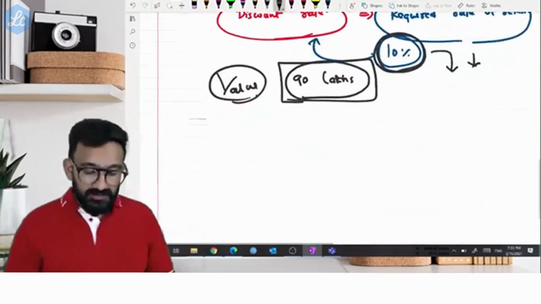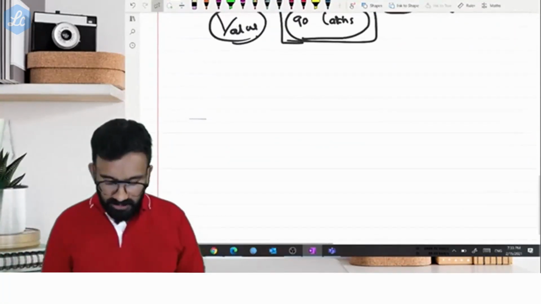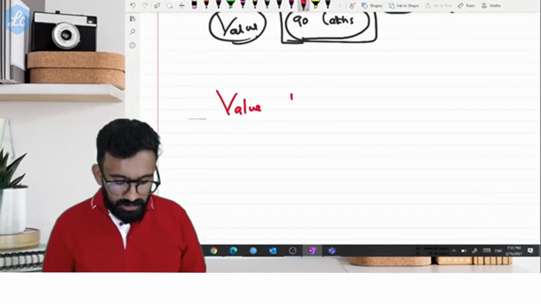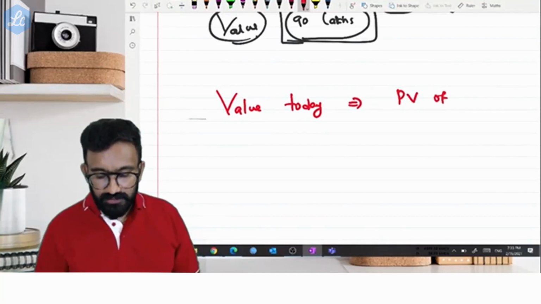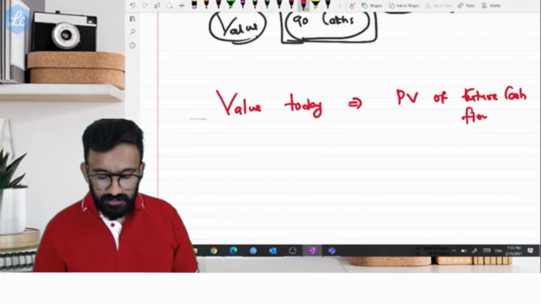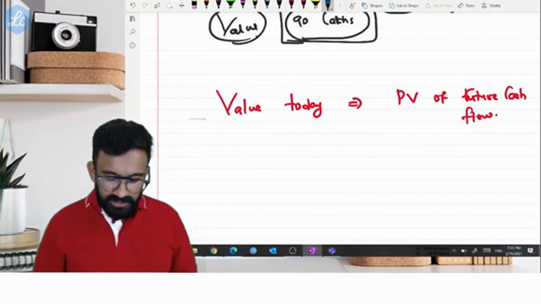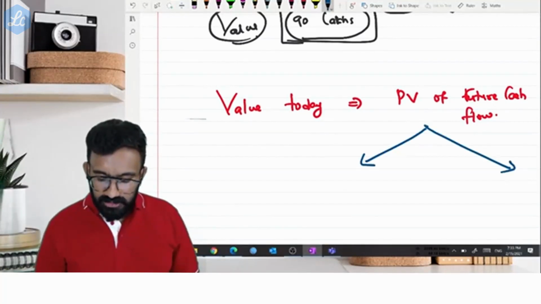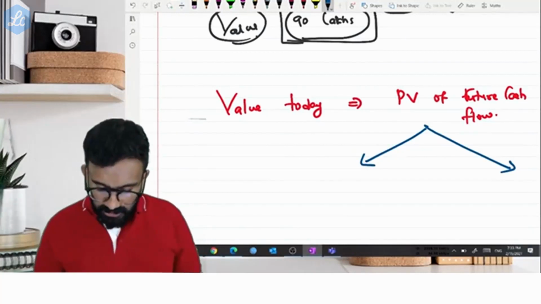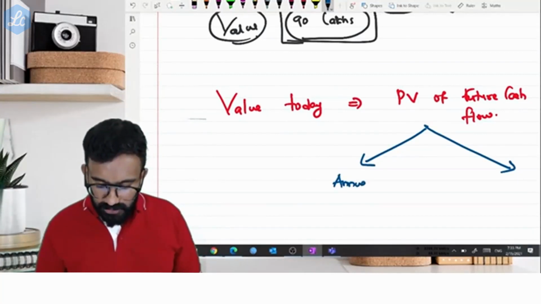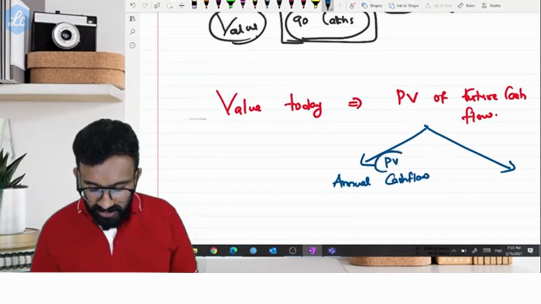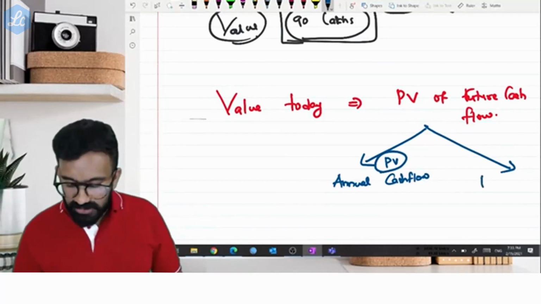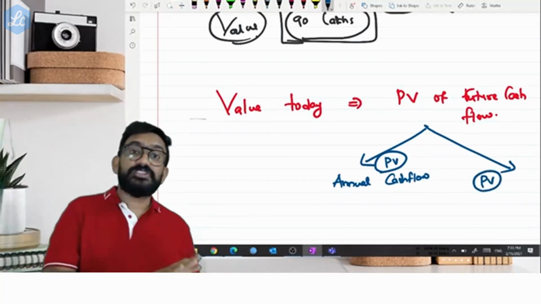So what is value is a very simple concept. Value today is nothing but present value of future cash flows. And how are the future cash flows going to be? It is going to be of two types. One is the annual cash flows. What is the present value of these annual cash flows, and what is the present value of your cash flow at the end of the period?